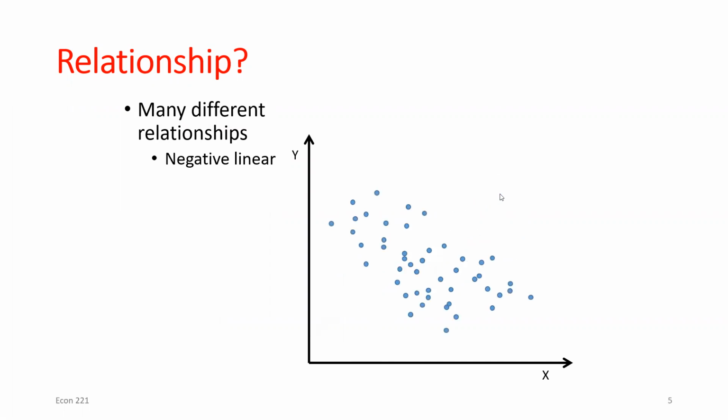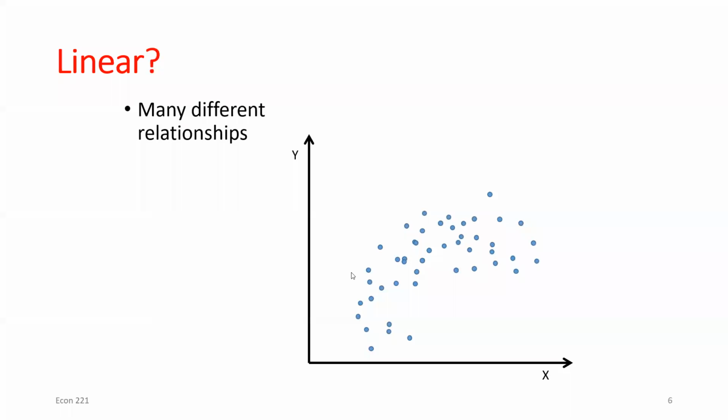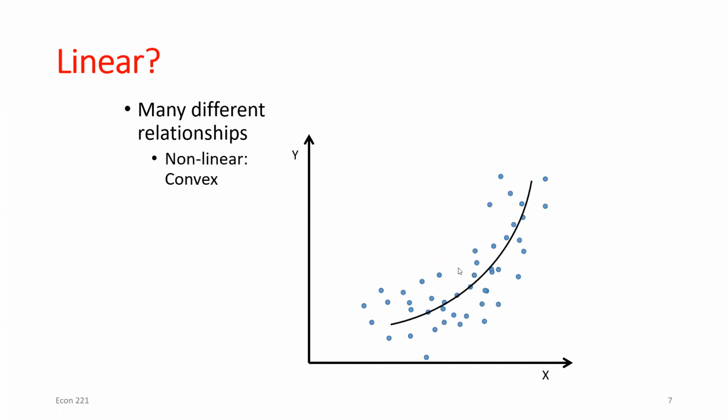And here, as X goes up, Y is going down, so my slope is going to be negative. So those are the 3 different ranges we're thinking about. I said we can also do some of these nonlinear relationships. We're not going to do anything with that in this class, but if you were to continue on with statistics, you would be able to analyze different ways to estimate these nonlinear relationships. But we won't focus on those.